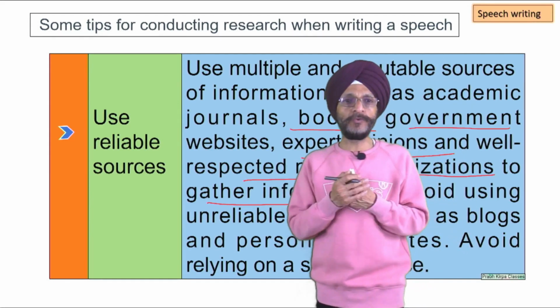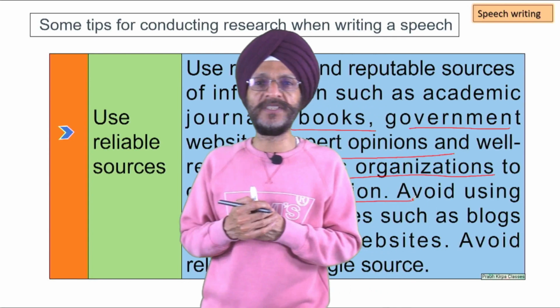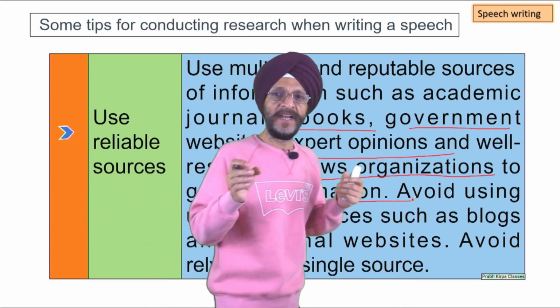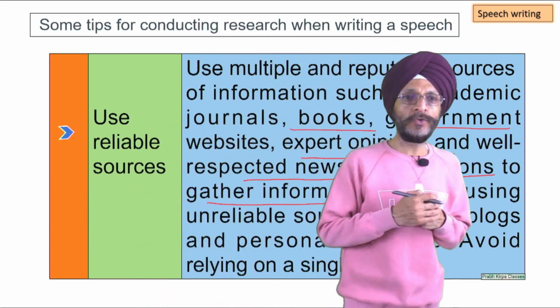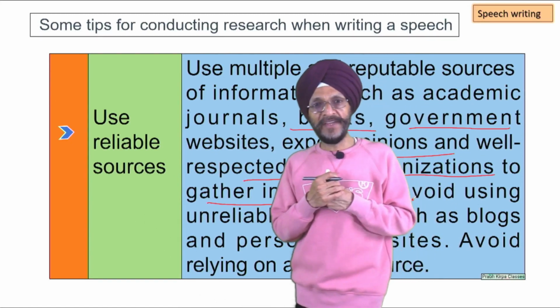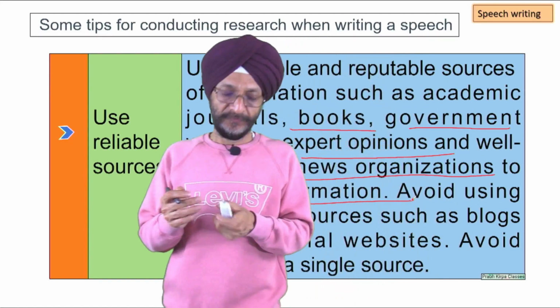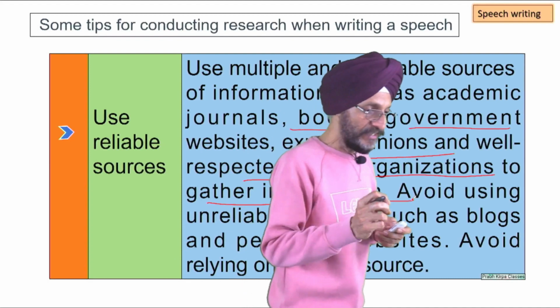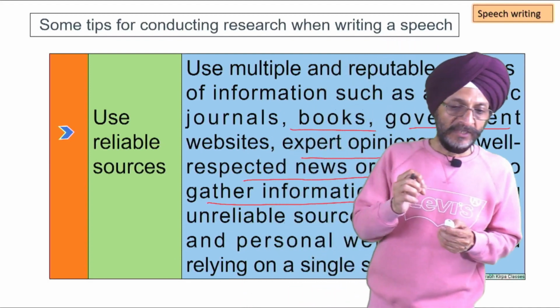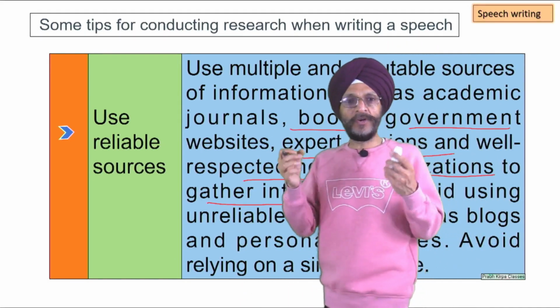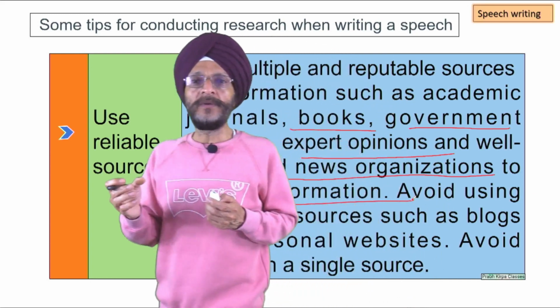We should avoid using unreliable sources such as blogs and personal websites. We should also avoid relying on a single source because that single source may have its own priorities or beliefs.